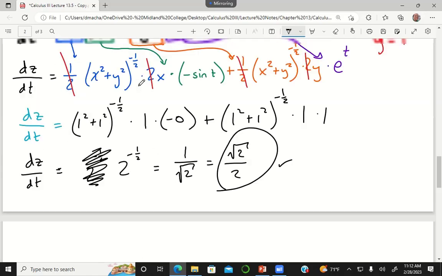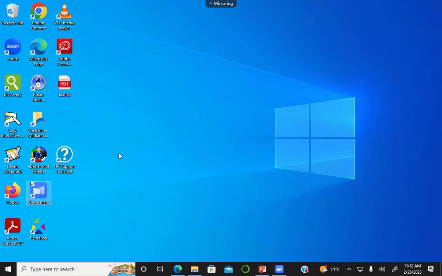Okay, so instead of a function of 2 variables, let's say we have a function of 3 variables. Let's say w is a function of x, y, and z.